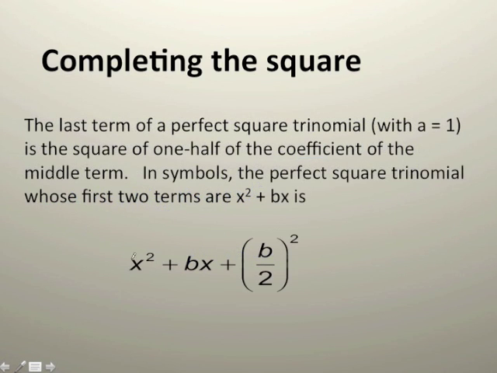Remember, we just had x squared plus 2dx plus d squared. So this is 2d, this is my b, so my d must equal half of b. So d squared is half of b, squared.